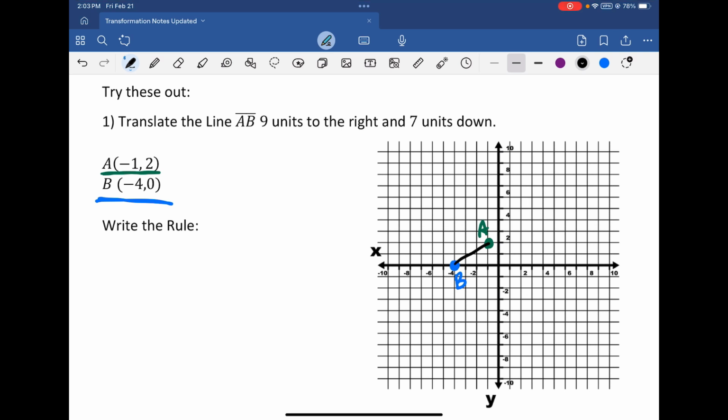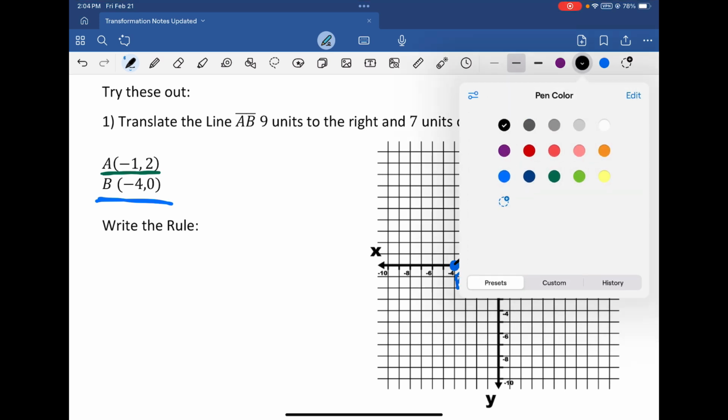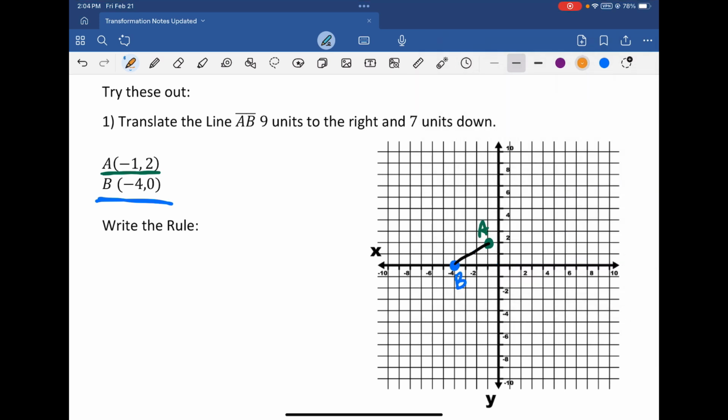Now it says 9 units to the right and 7 units down. There's multiple ways you can do this, but you can do one point at a time. Everyone should be looking at the graph right now. We can say, okay, start at A, and we can move it 9 units to the right. So 1, 2, 3, 4, 5, 6, 7.